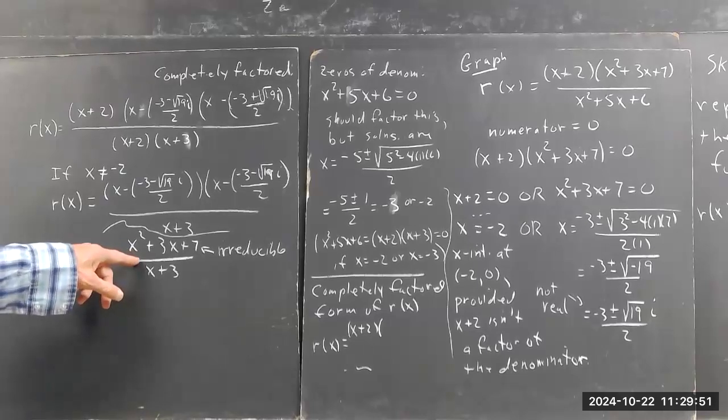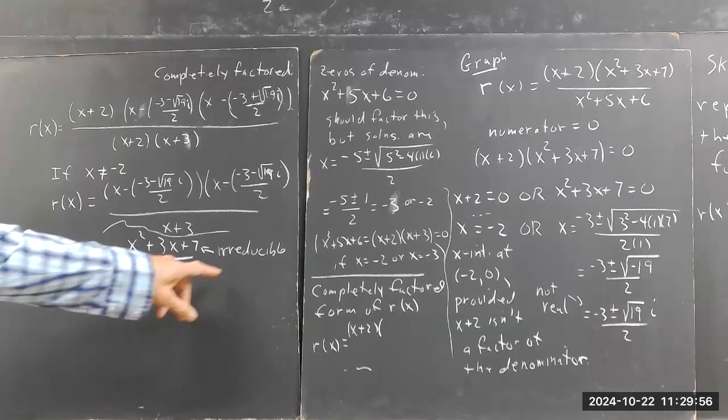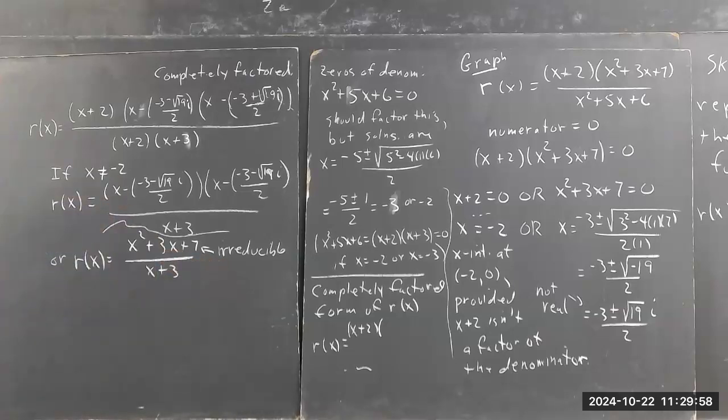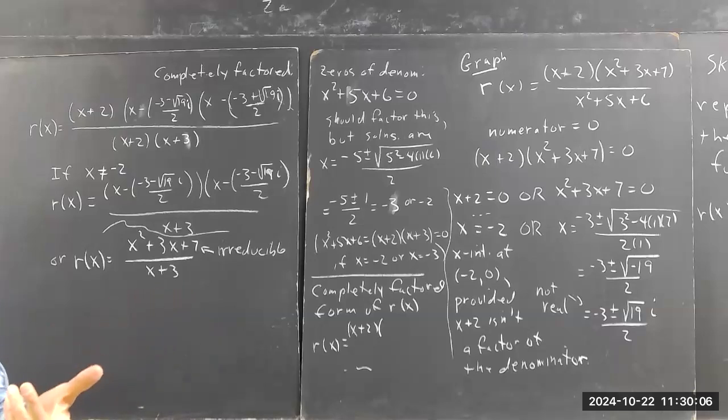And we could have just said that originally. We could just put that here, noted that it's irreducible, and we could have gone on. Now, this holds if x is not equal to -2. Why can't we do this division if x equals -2? Because division by 0 is undefined.